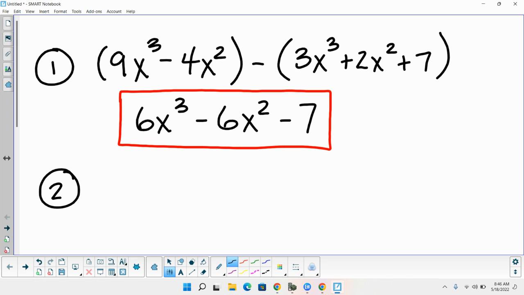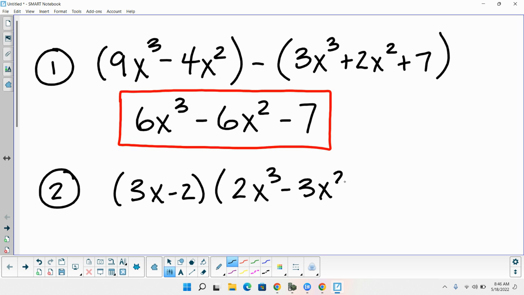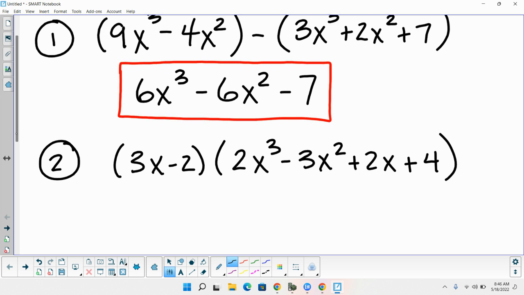All right. Number two, we're multiplying a binomial times a 4-term polynomial. So we're going to have 8 terms, and then we want to combine like terms, right?